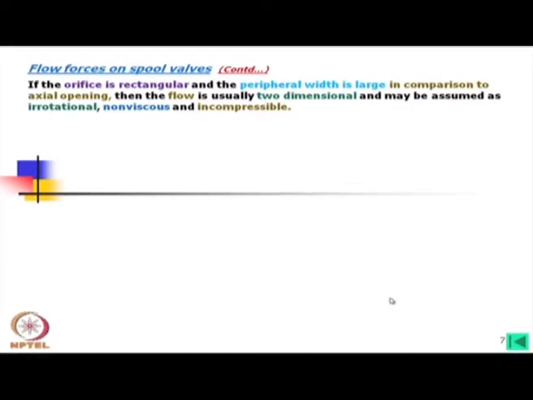If the orifice is rectangular and the peripheral width is large in comparison to the axial opening, that is XP, then the flow is usually two dimensional, okay, and may be assumed as irrotational, non-viscous and incompressible, which we have already assumed. Now, what is two dimensional in this case?